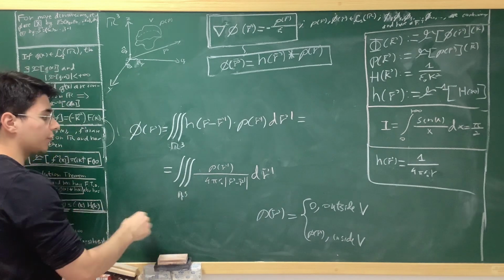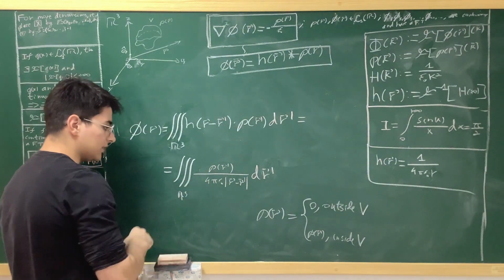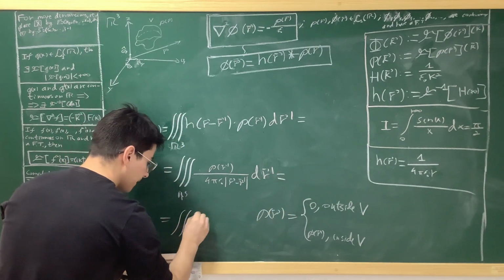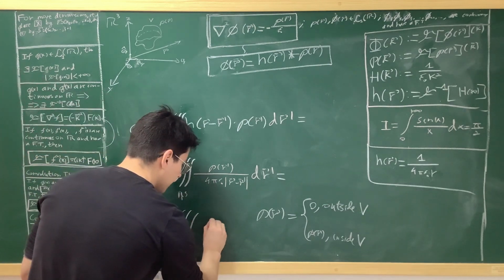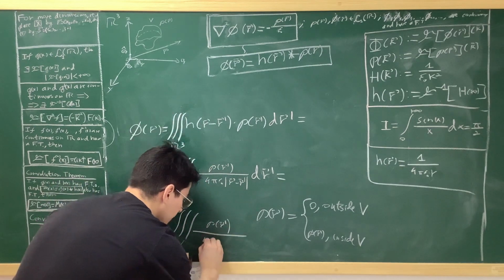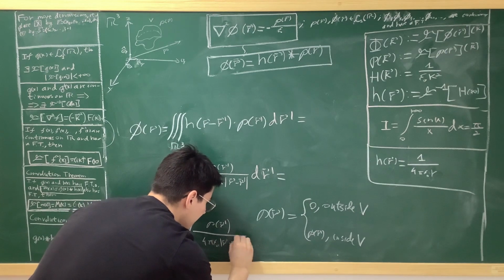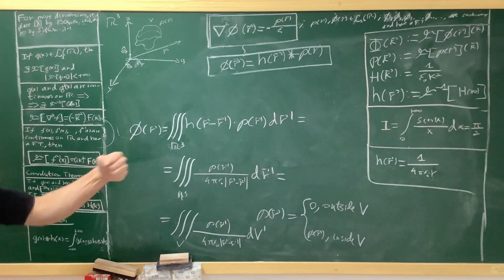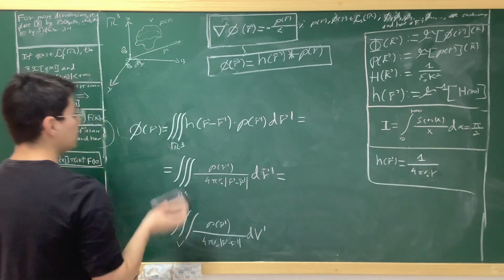So really, on R3, this is 0 outside V. So this is just the integral on V, because outside it's 0, of rho evaluated at r prime, over 4 pi epsilon naught times the modulus of r minus r prime, dV prime. I'm going to say dV prime because we're integrating with respect to these new variables.